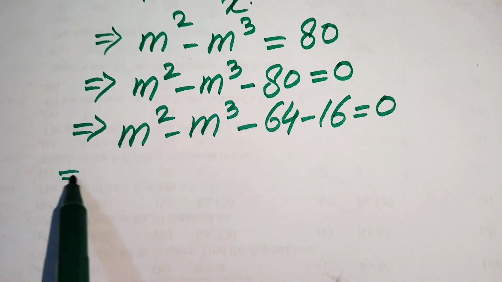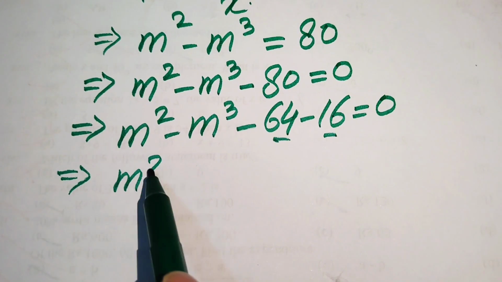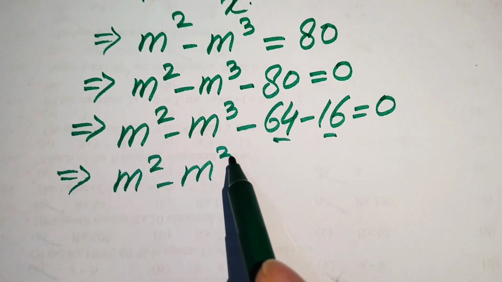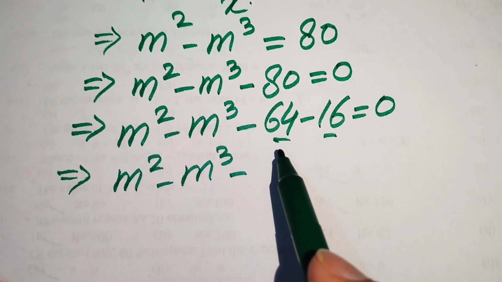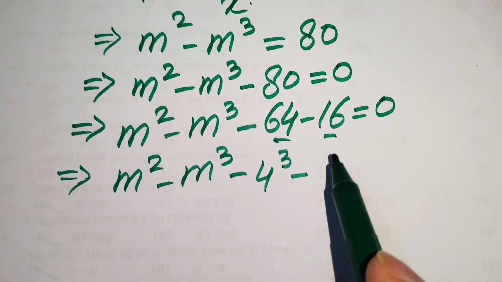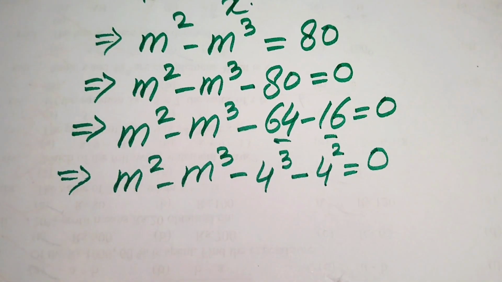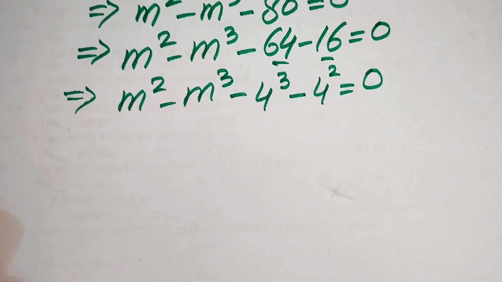Now we again focus on these two terms, and it is written as m² minus m³ minus, this is 64 and we write it as 4³, this is 16 and we write it as 4², equals 0.